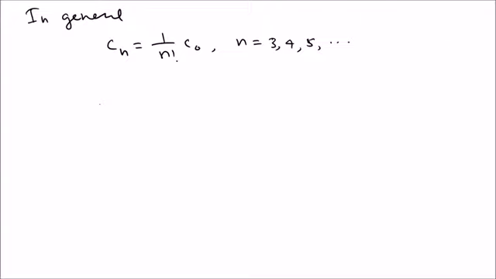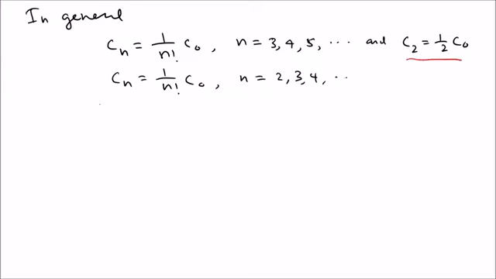But we also know that C2 is 1/2 C0. Fortunately, that is also the exact same format. So that means we can simply write Cn as 1 over factorial n C0 for n going from 2, starting with 2, not just 3, because it has the exact same format. Good. So now we know the general form.